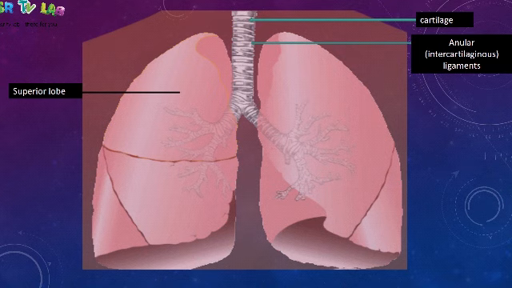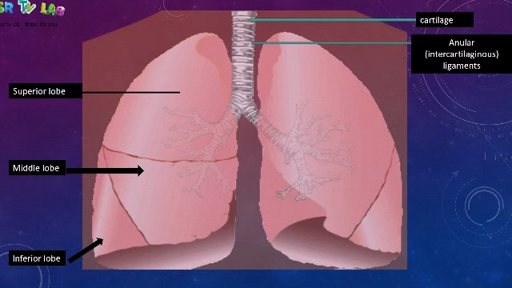Good. Then let's start from the right lung. The right lung has three lobes. The one that we see is called the superior lobe. It is followed by the middle lobe, and below the middle lobe you find the inferior lobe. And let's see what separates these lobes. Actually, the separation between lobes is called a fissure.